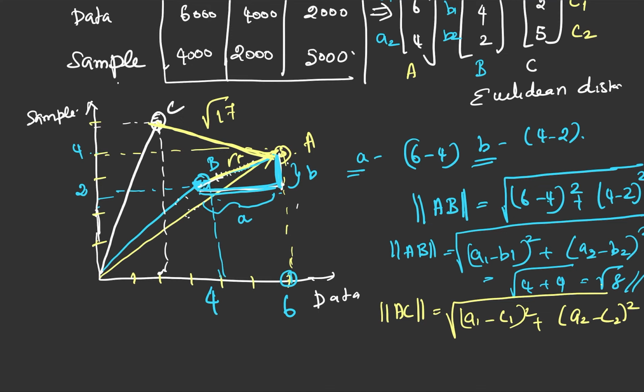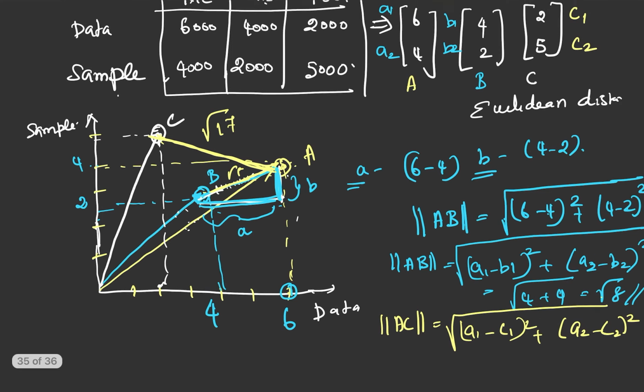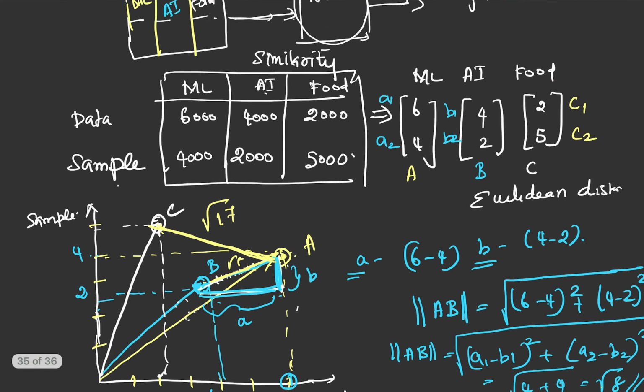So the distance between A and B is very small compared to the distance between A and C, which is telling us the story that machine learning and AI are more related than machine learning and food, this document.